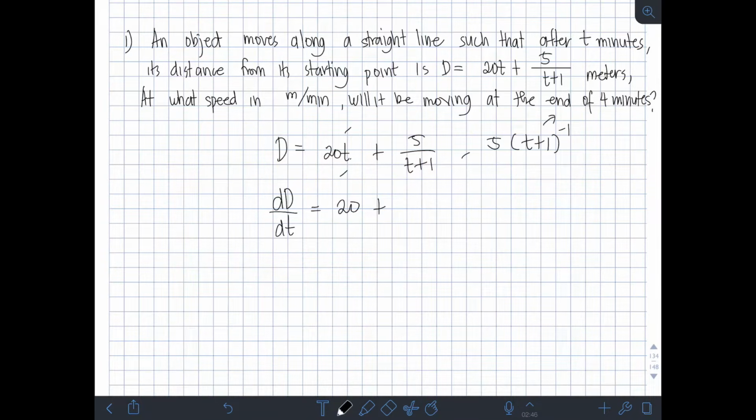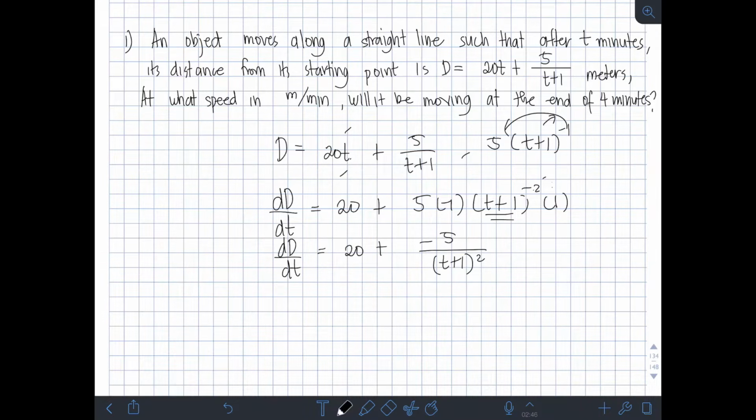And then, power rule at chain rule. So, 5 times, baba si negative 1, times, copy yung same base na (t + 1) raised to negative 1 minus 1 or negative 2. Okay? Then, times derivative ng loob, chain rule, derivative ng t plus 1 is just 1. So, therefore, we have 20 plus negative 5 over (t + 1) squared kasi negative 2 yung exponent, right? So, ito na yung derivative ng distance with respect to time.